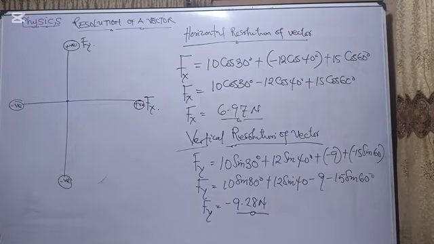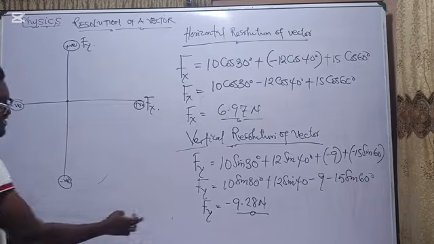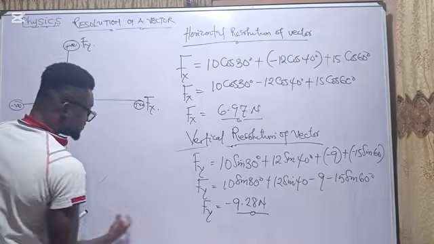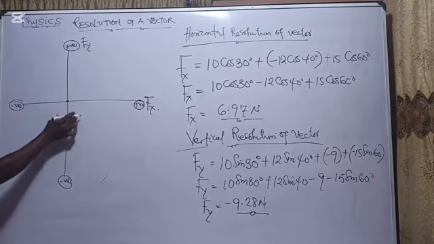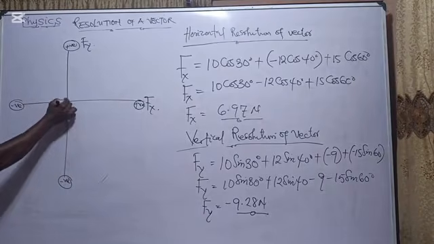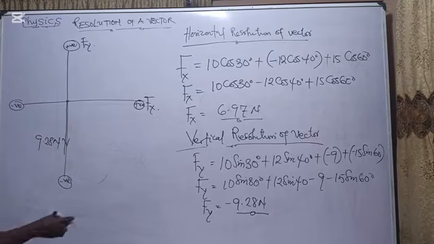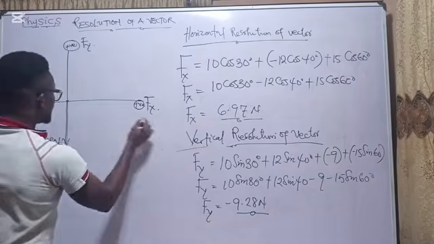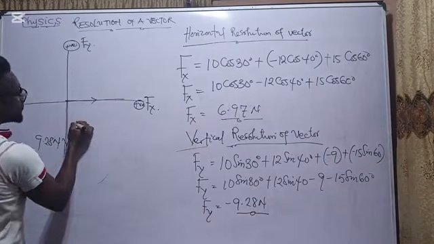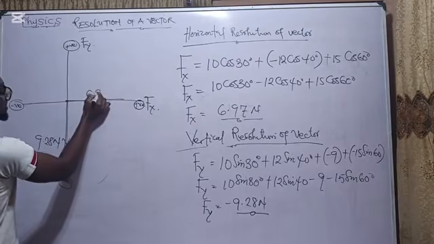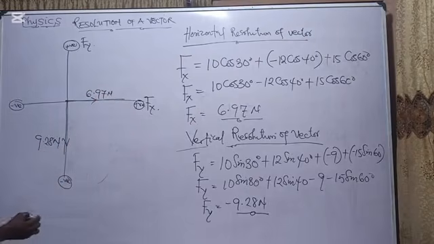So the direction is very important. So in that very case now, we have Fy. The Fy on the negative, that negative shows that you are taking the vector towards this direction. So we have 9.28 Newton, okay? Then we have the Fx component, which is the positive. So it lies here. So we have here as 6.97 Newton.